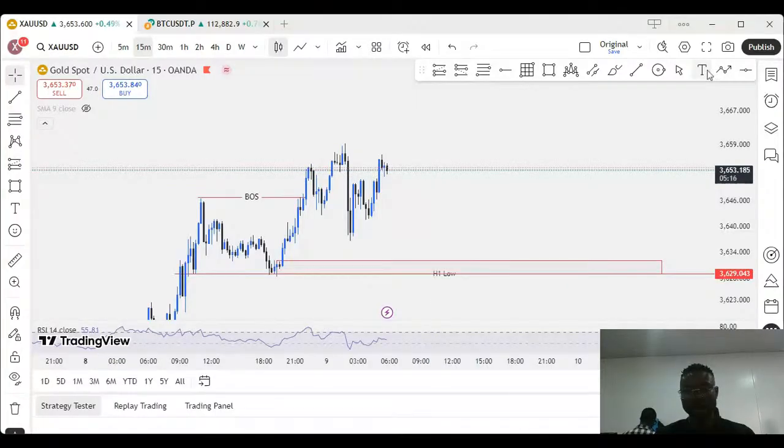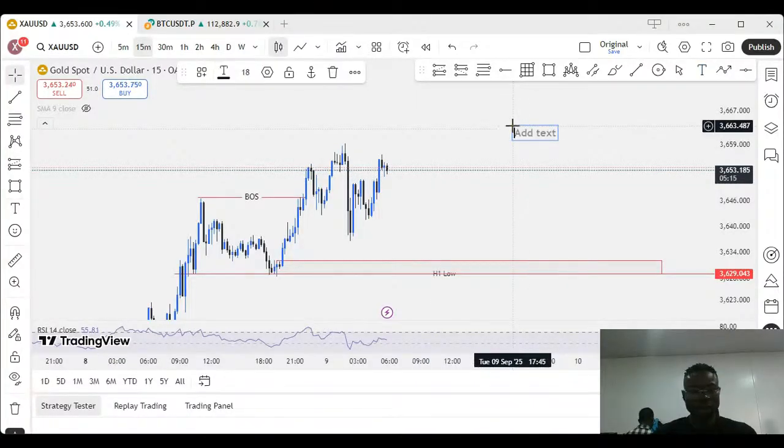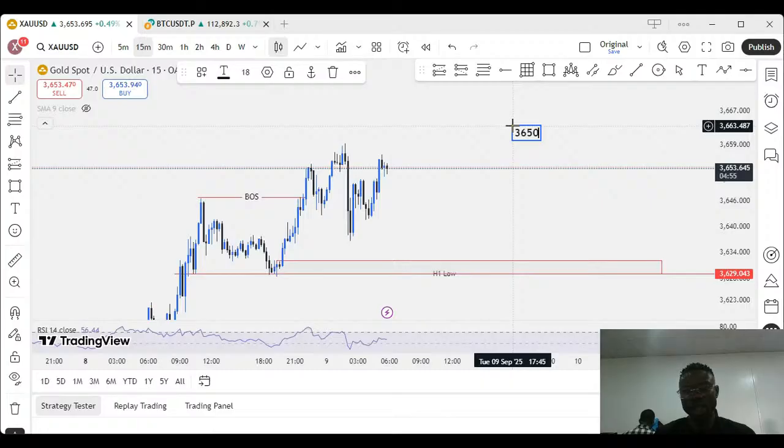For instance, currently gold is at the rate of 3,000. When we see 3,650, this is an example of a psychology level, because psychologically it's very easy for you to pick this number randomly, that okay, when gold reaches 3,650 you want to sell your gold.